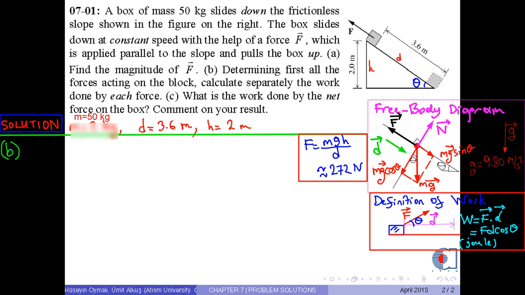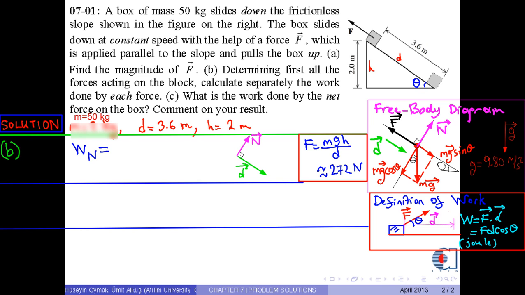In part B, we calculate separately the work done by each force. Using the formal definition of work, we find the work done by the normal force as n dot d, which is the scalar product of two vectors, and the result is just a scalar, not a vector.